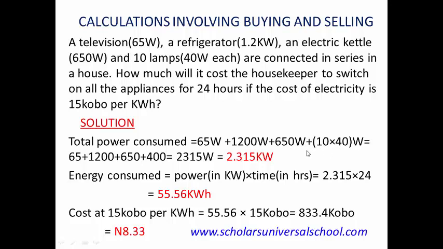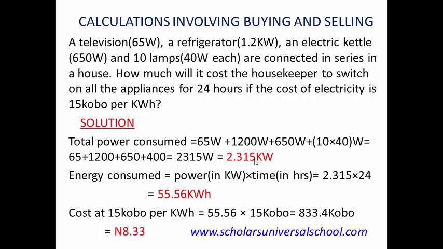So the total power is 2,315 watts. Converting this to kilowatts, I divide by 1,000 to get 2.315 kilowatts. Remember, energy is power times the time taken, so you multiply the power by the time in hours, and energy consumed is in kilowatt hour.